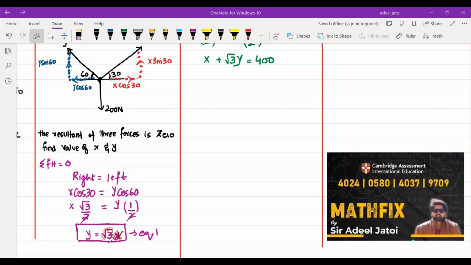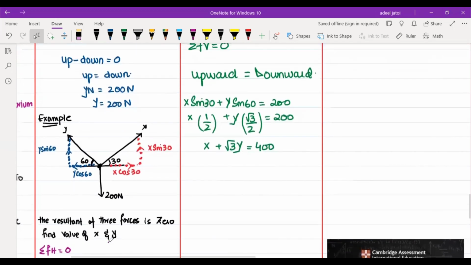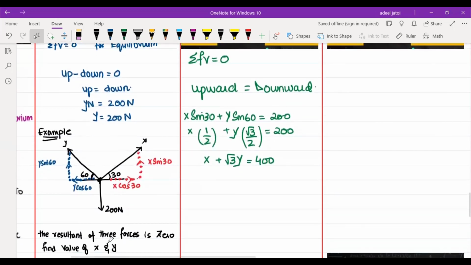So in place of y, we can always write down under root 3x.